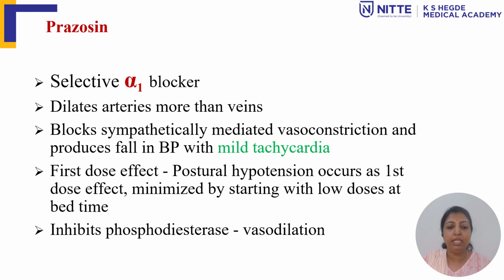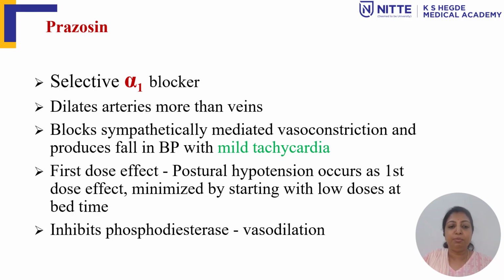The fall in BP is mainly postural, which is less marked, with very little tachycardia. Reflex tachycardia is very less because they do not block the presynaptic alpha 2 receptor.